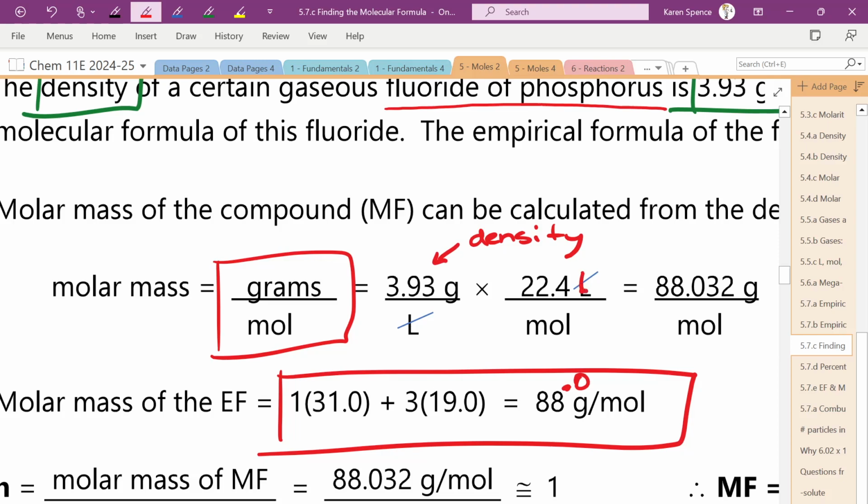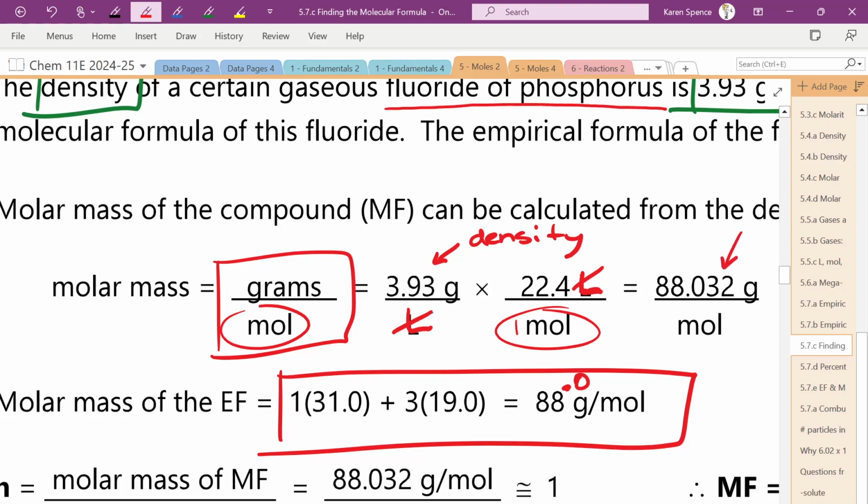I need my liters to be on the top to cancel the liters that are on the bottom. And I want to have moles on the bottom. So that's good. That's liters per mole. And I know the 22.4 goes with the liters and the 1 goes with the mole. And then I take 3.93, multiply by 22.4, and we get 88.032.